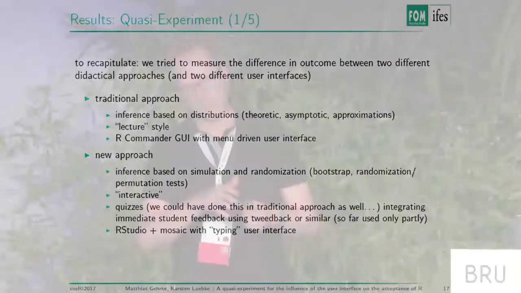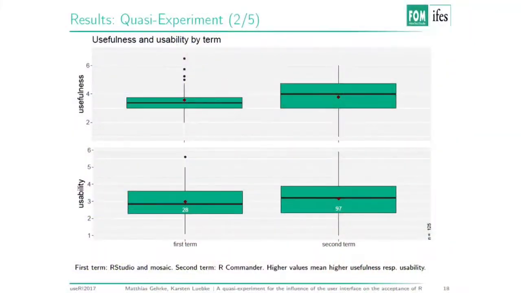So the student is connected to some website and can press a button on the smartphone, and the instructor directly sees, okay, yes or no. So that's very, very nice because then we can present the results, okay, whatever, 60% answered correctly or the other way around. So that gives an immediate feedback, so it's a nice thing. We could have used it in the old approach as well, but okay, times are changing. Okay, what do we have?